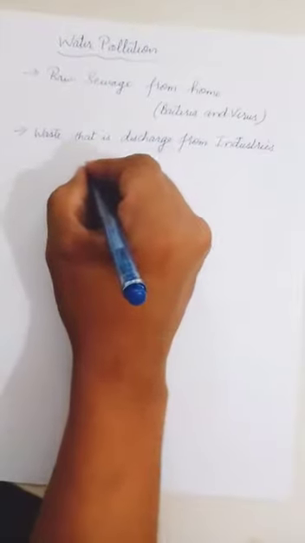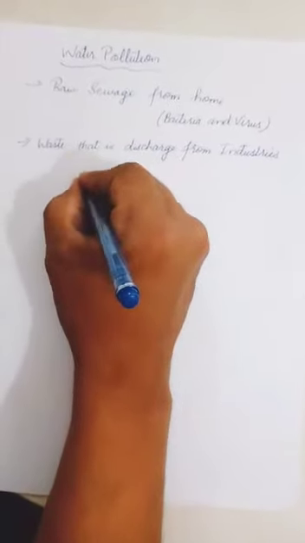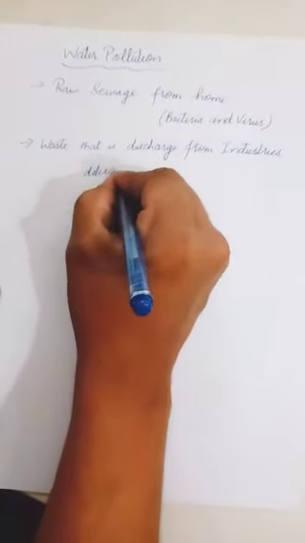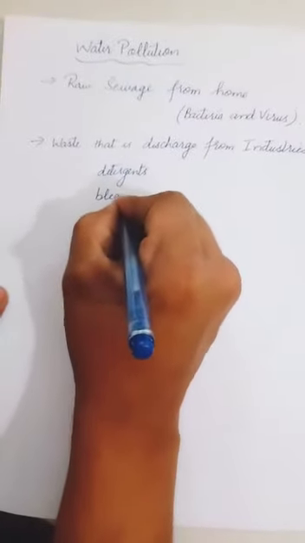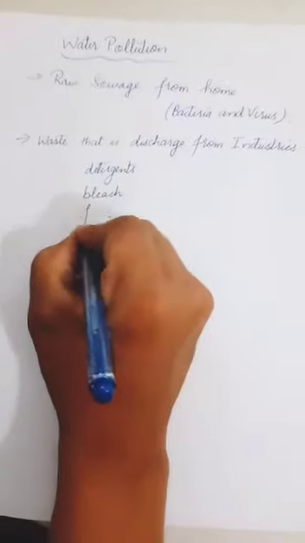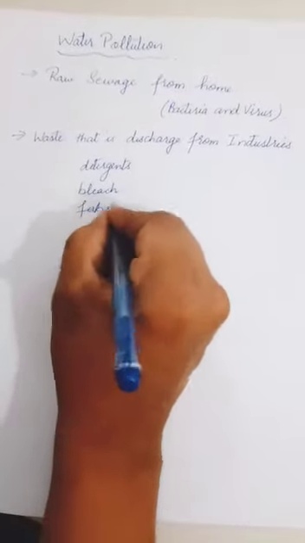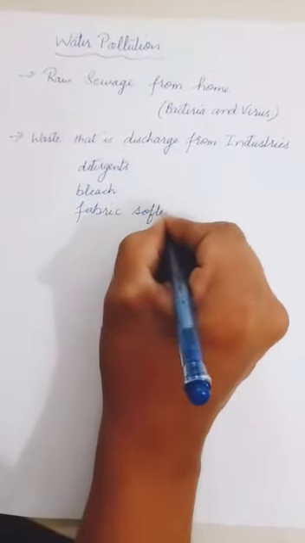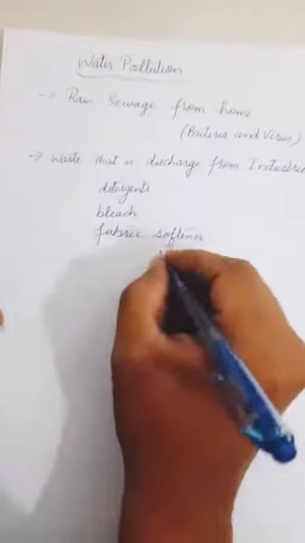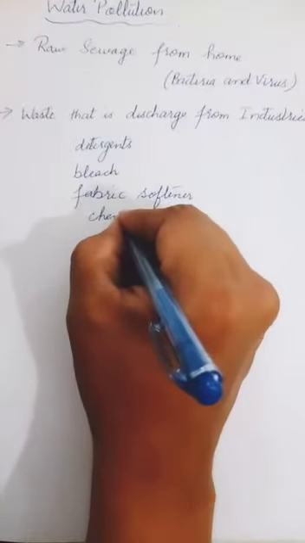The waste discharged from industries consists of detergents, bleach, fabric softener, and the other is chemicals.